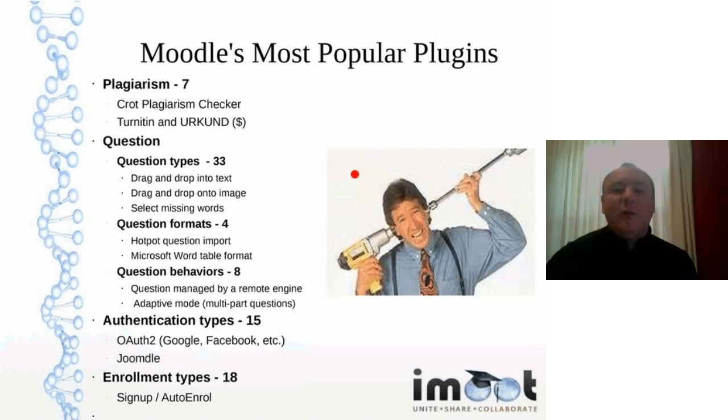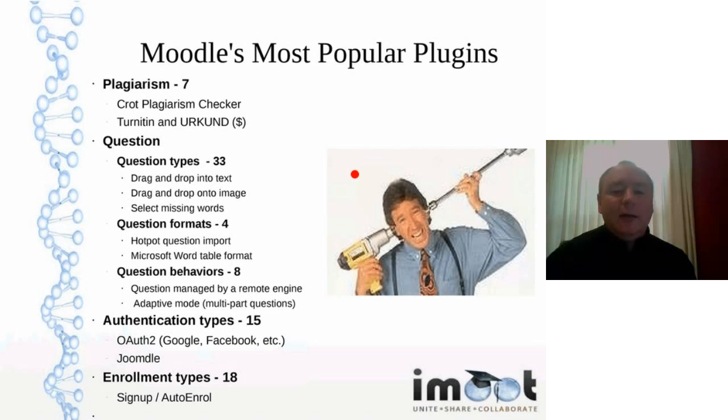The standard question types are things like multiple choice, true/false, and fill in the blank. There are a couple of plugins that have been shared from OU, the Open University. The first is drag and drop into text, which allows a student to pick a word and move it into its proper location in a sentence.